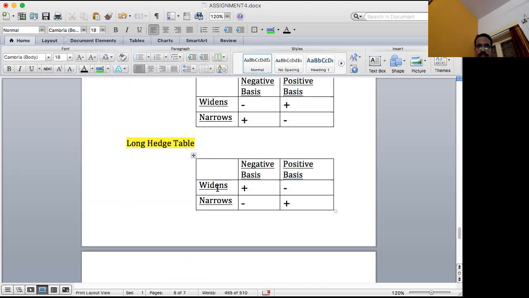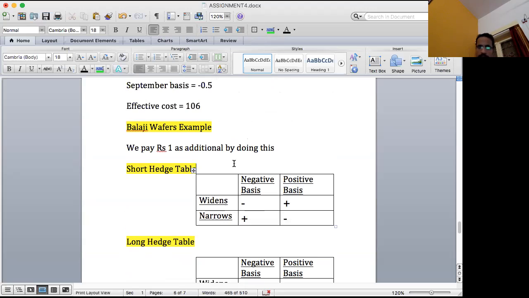Okay, so let us see the short hedge table and the long hedge table. In case of a short hedge, if the negative basis narrows down, I make a profit, right?